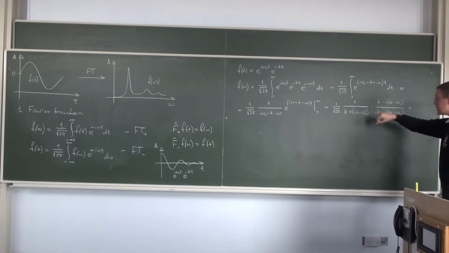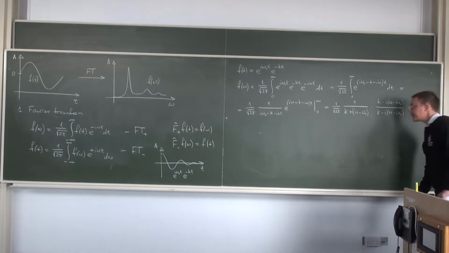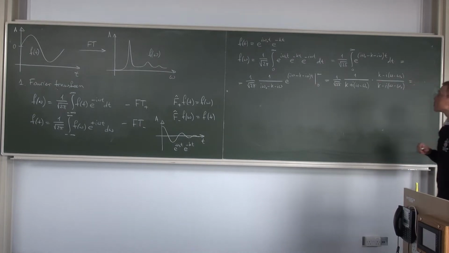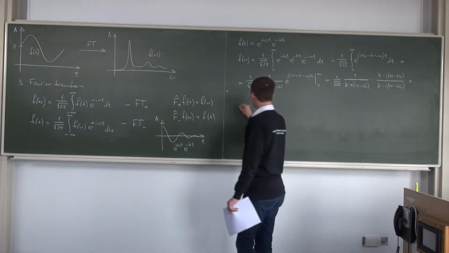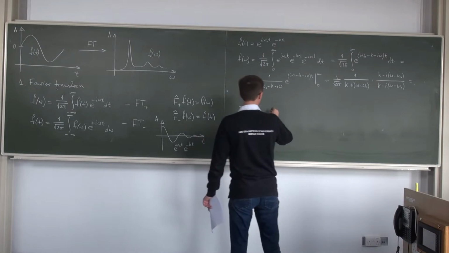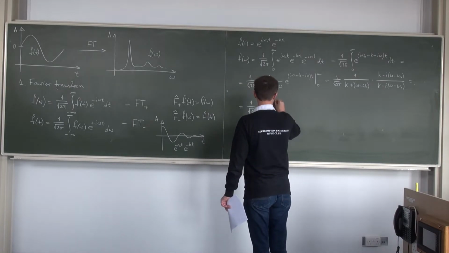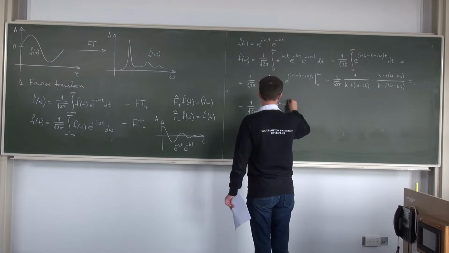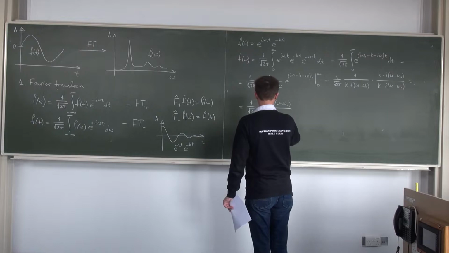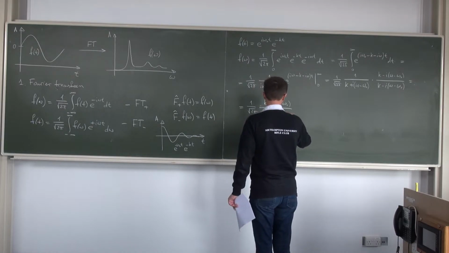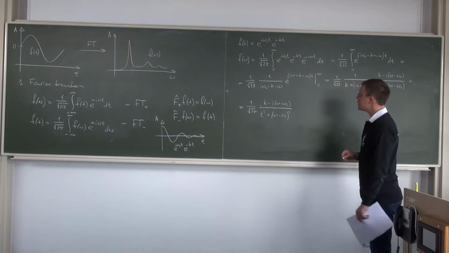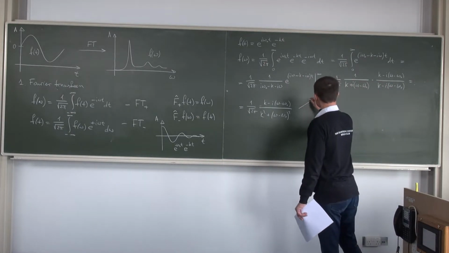In the denominator, we have a complete sum of squares. In the numerator, we just have what we have. So it will be 1 over root 2 pi, then k minus i omega minus omega naught, and in the denominator, k squared plus omega minus omega naught squared. Okay, and finally separating this into a real and the imaginary part.